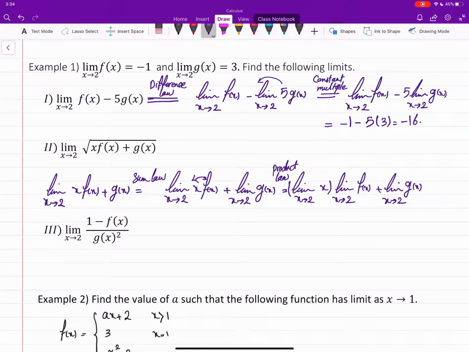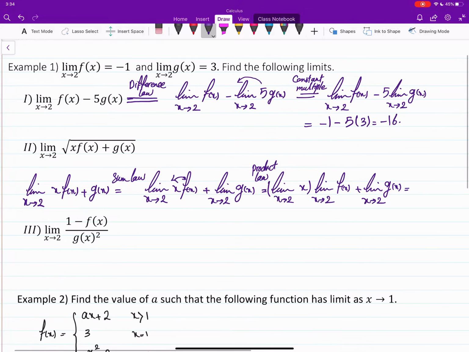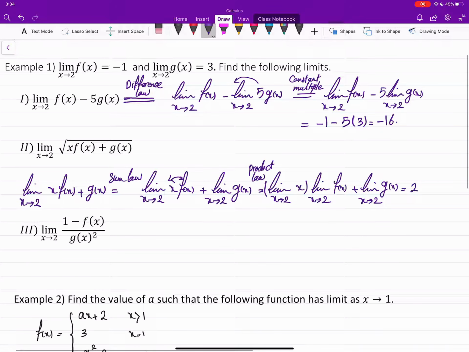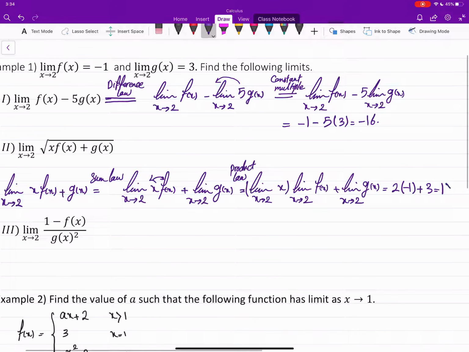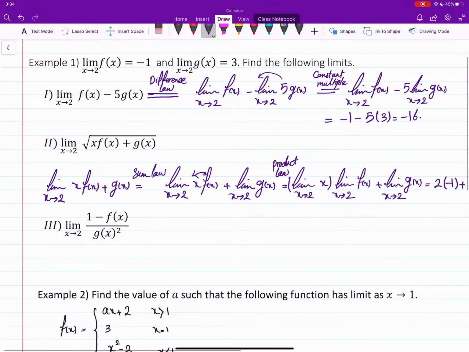While the limit of x as x approaches 2 is 2, times the limit of f(x) which is -1, plus g(x) which is 3. This gives us 1. And since it is positive, we can apply the root law here.